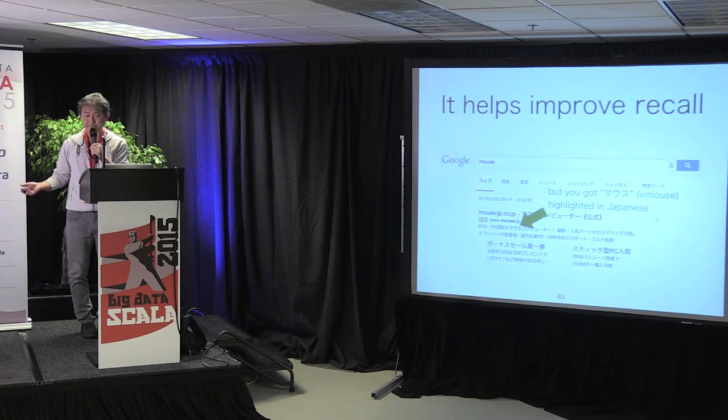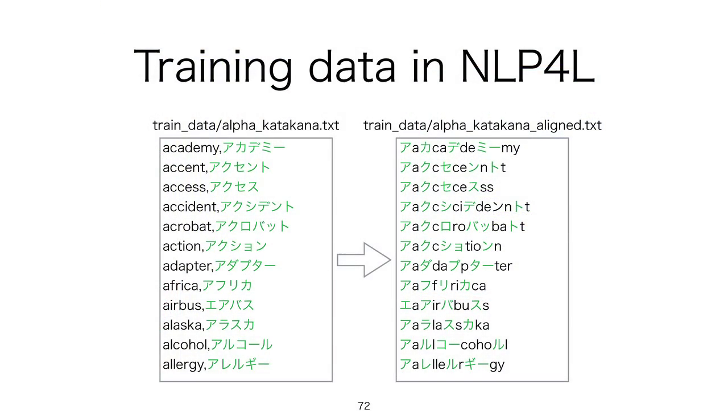That's nice. And what's nicer is that NLP4L has training data for transliteration between English and Japanese, and in addition to that, a transliteration program.